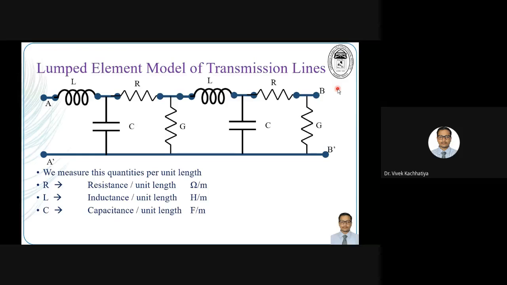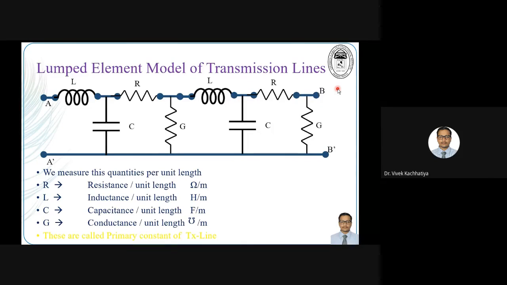Symbol C is capacitance per unit length, and its unit is farad per meter. Similarly, conductance G is measured per unit length, and its respective unit is mho per meter.